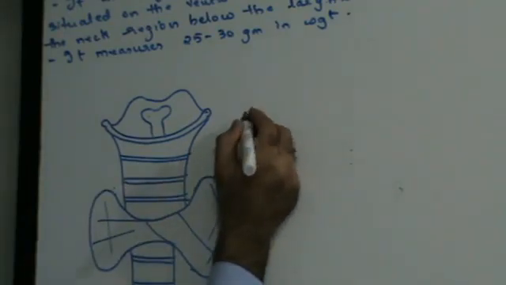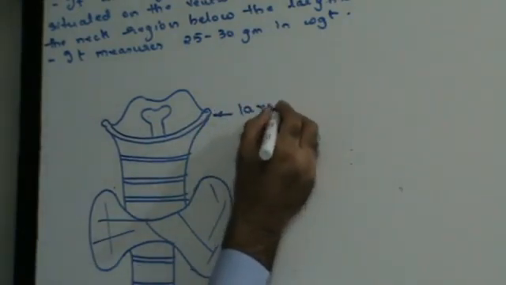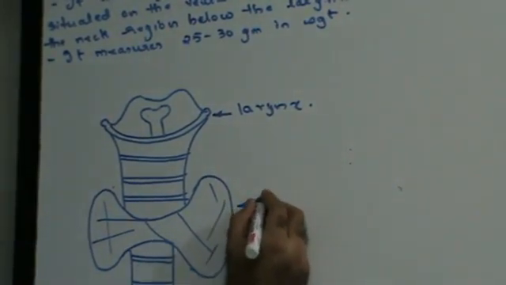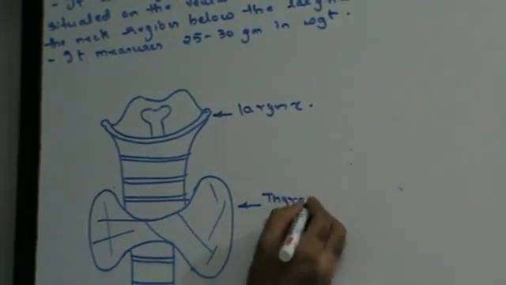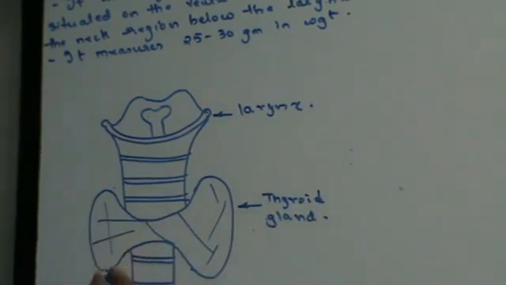This is my larynx. This is thyroid gland. This is trachea. Right? Now, that's the location of thyroid gland. Right? Let's see the TS of the lobe.